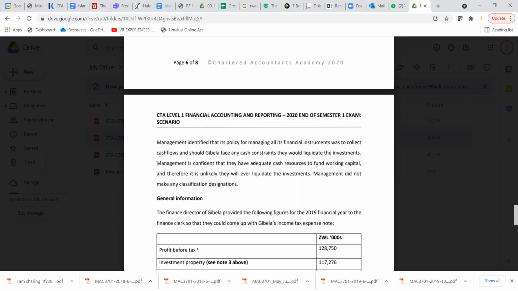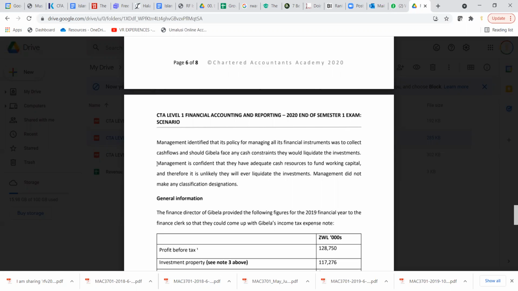Then you will tell them that classification is based on the business model and how management manages the financial asset. So you tell them that.